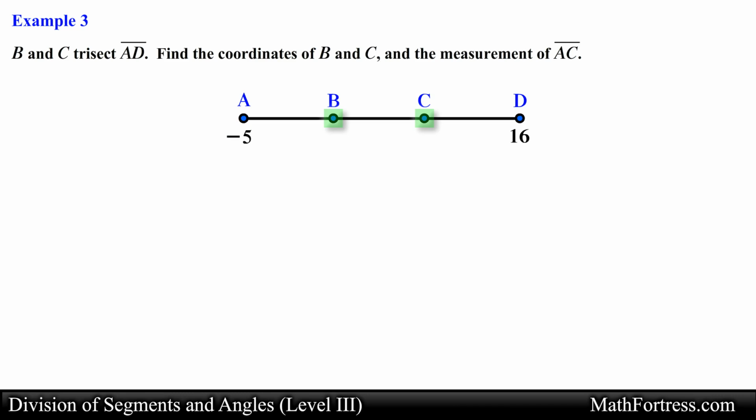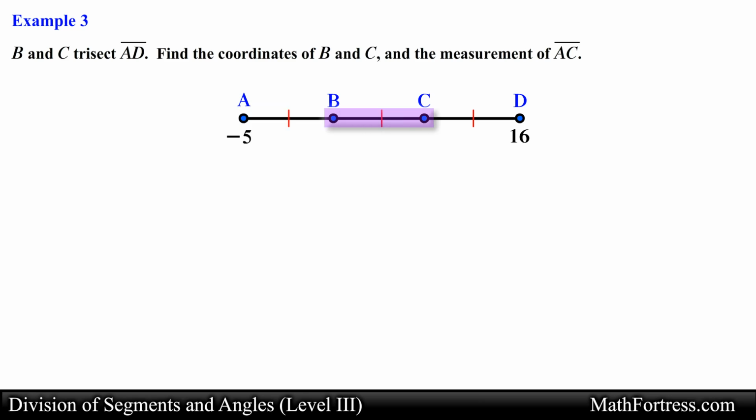We are given that point B and point C trisect segment AD. This means that these 2 points will split line segment AD into 3 congruent segments. In this case, line segment AB will be congruent to line segment BC, which is congruent to line segment CD. So we can draw a single tick mark for each of these line segments.